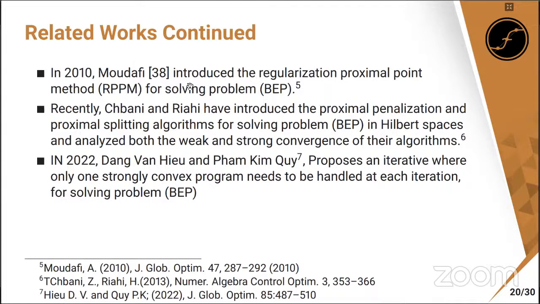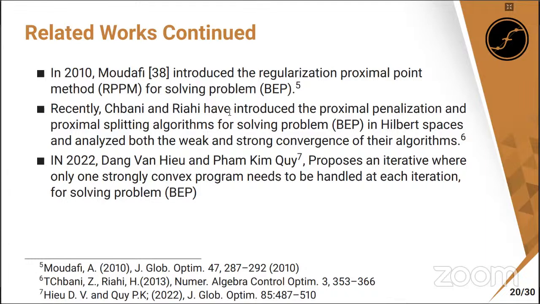In 2010, Moudafi used the regularization proximal method in order to solve this variational equilibrium problem. And then recently, Shehu and Riahi introduced the proximal extension and proximal splitting algorithm and used it to solve this variational equilibrium problem in Hilbert space. They both analyzed the weak and strong convergence of their algorithms.